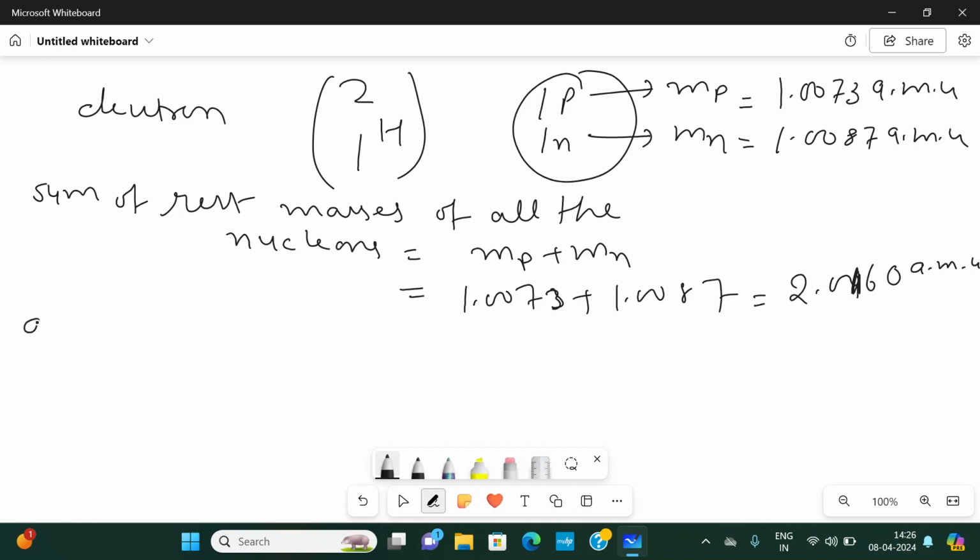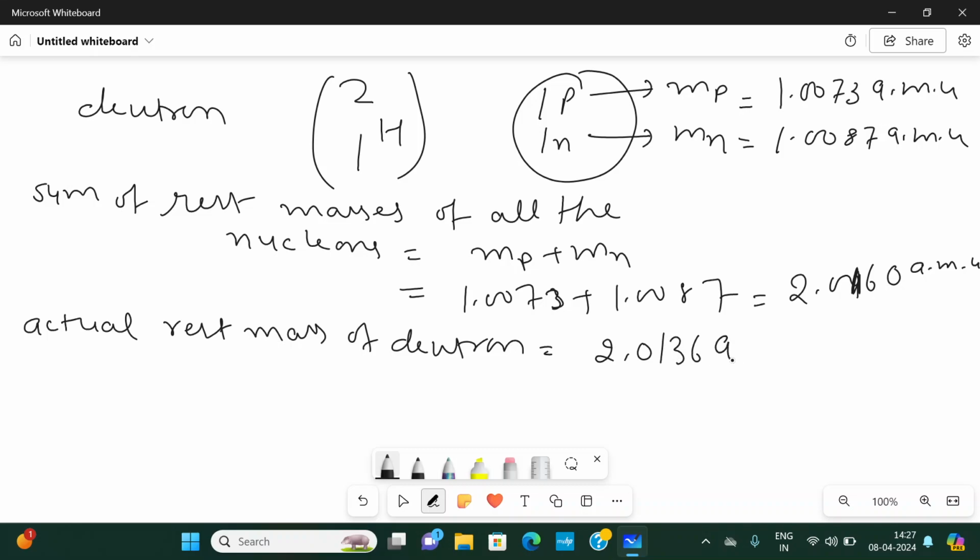And actual rest mass of deuteron will be 2.0136 atomic mass unit.